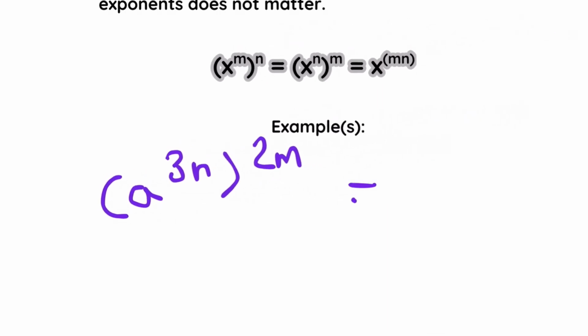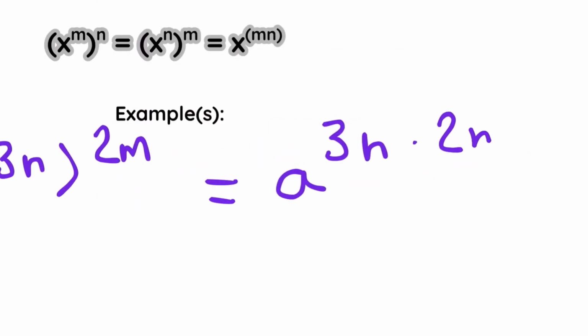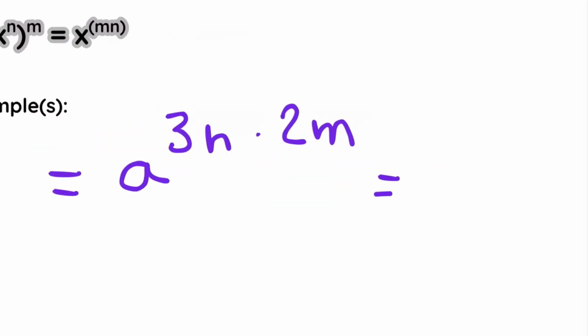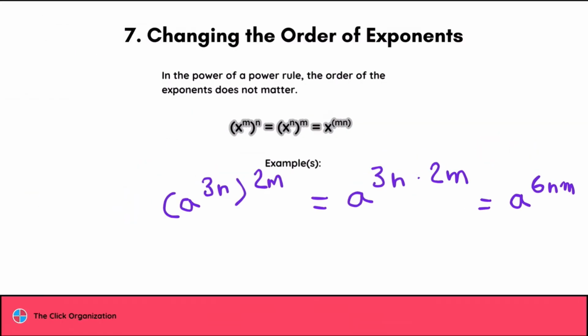This will equal a to the power of 3n times 2m, which will equal a to the power of 6nm. Do you know why this works? Because multiplication has commutative property. And when we multiply the exponents, it's the same as multiplication. It doesn't change, right? So that's why, because multiplication has commutative property, changing the order of the exponents doesn't matter.